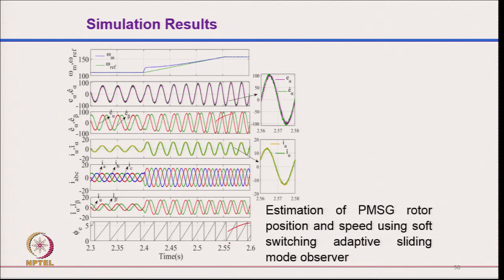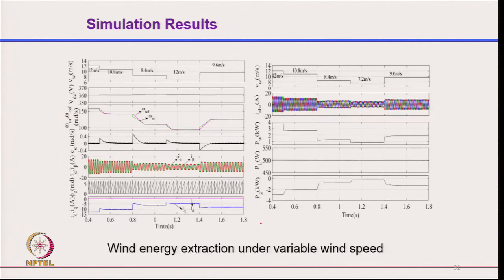So, you can see the estimated speed and position here, and these are typically the variations in wind speed, how the current of the generator is varying and the position is changing, and how the 3-phase currents of the machine are changing and power is changing.